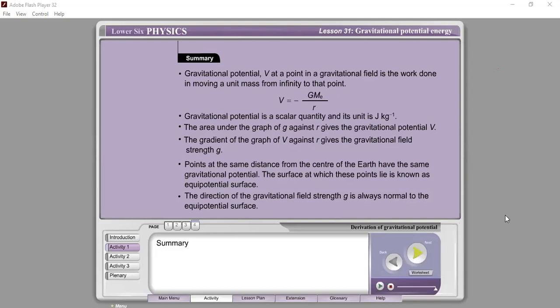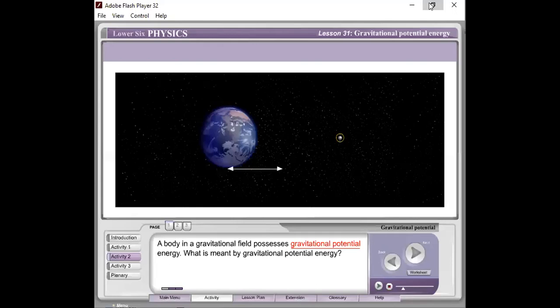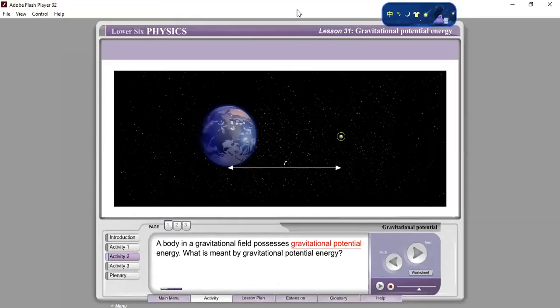A body in a gravitational field possesses gravitational potential energy. What is meant by gravitational potential energy? Just now we learned gravitational potential. Now is gravitational potential energy. So what is meant by gravitational potential?